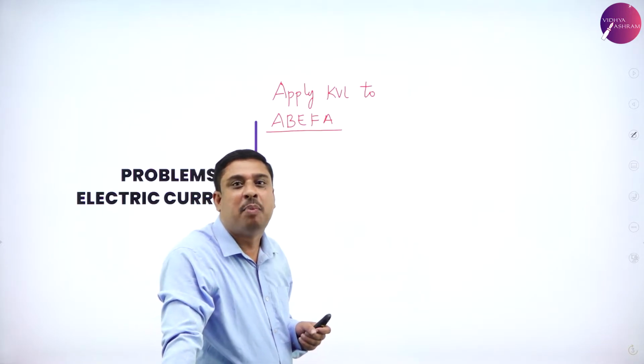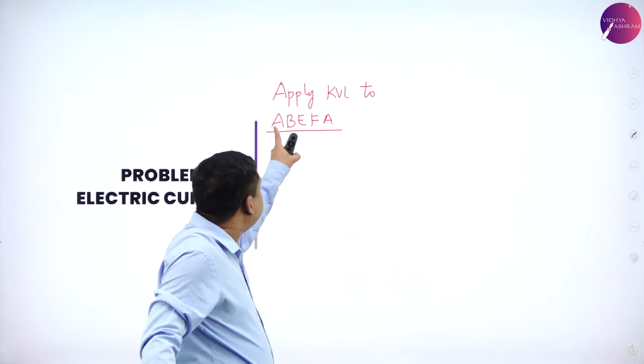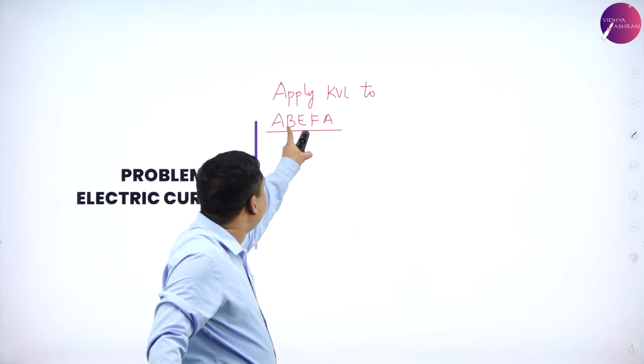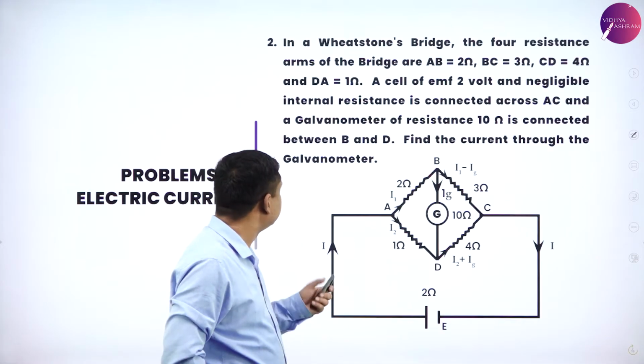KVL is nothing but voltage law. Where? To the mesh A, B, E, F, A.